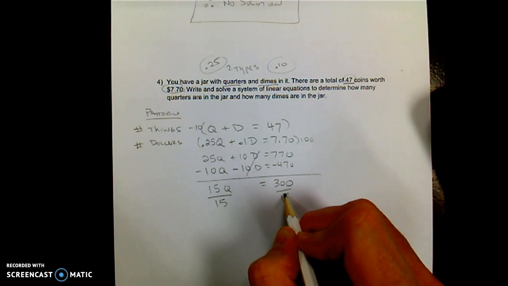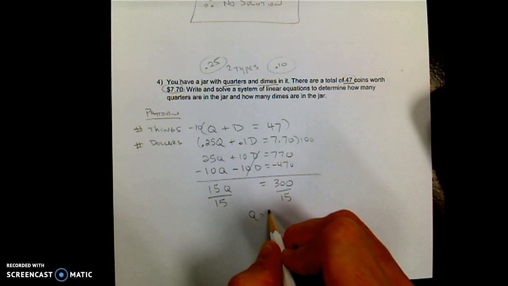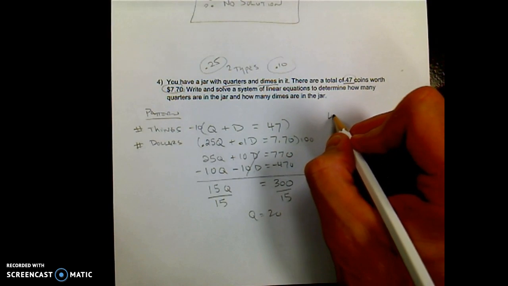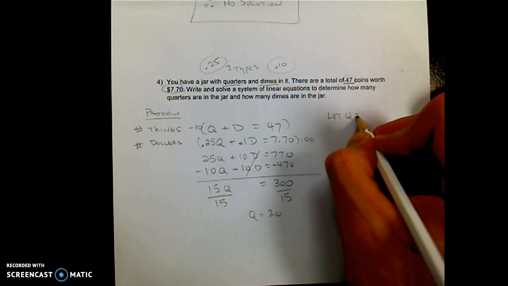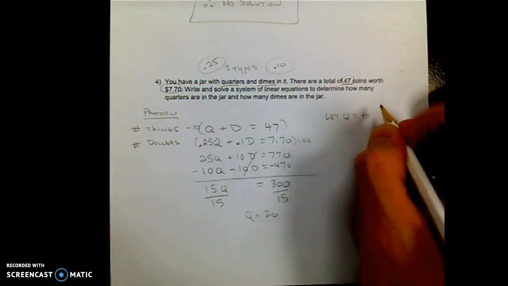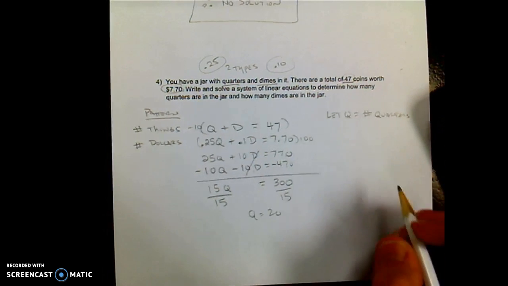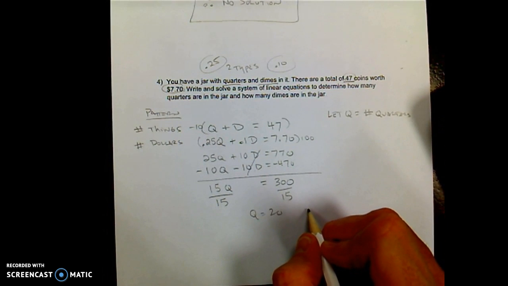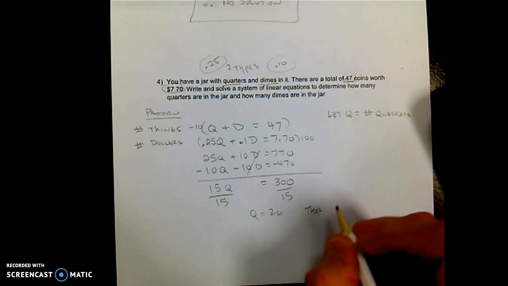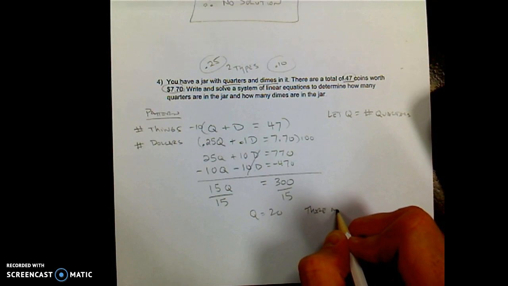Divide both sides by 15. Q is my number of quarters. There are 20 of them.